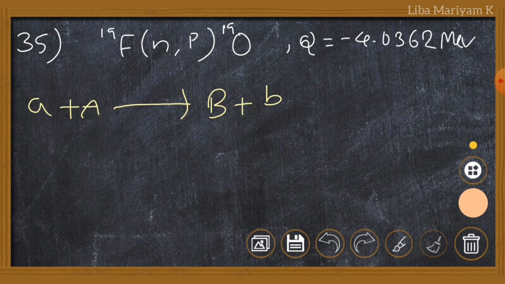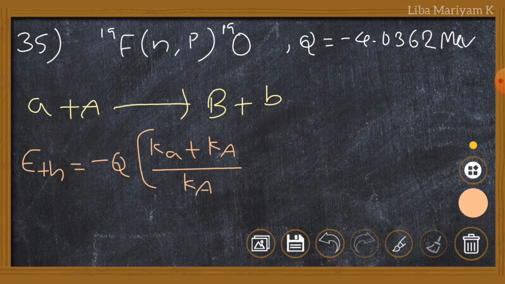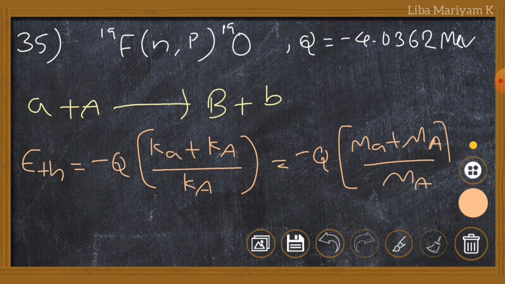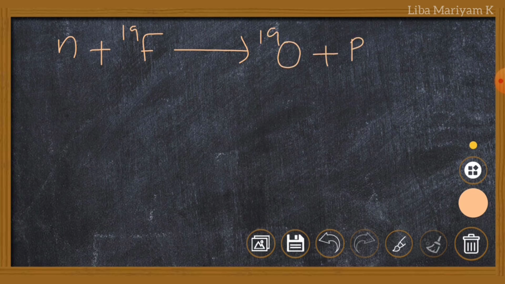In this reaction, threshold energy is given by ETH is equal to minus Q into kinetic energy of projectile plus kinetic energy of target by kinetic energy of target. Or we can write minus Q into mass of projectile plus mass of target by mass of target. Here we use this equation since kinetic energy is not given. Therefore given reaction is as neutron is projectile and fluorine is target nucleus, produce oxygen, that is daughter nucleus, by releasing proton.